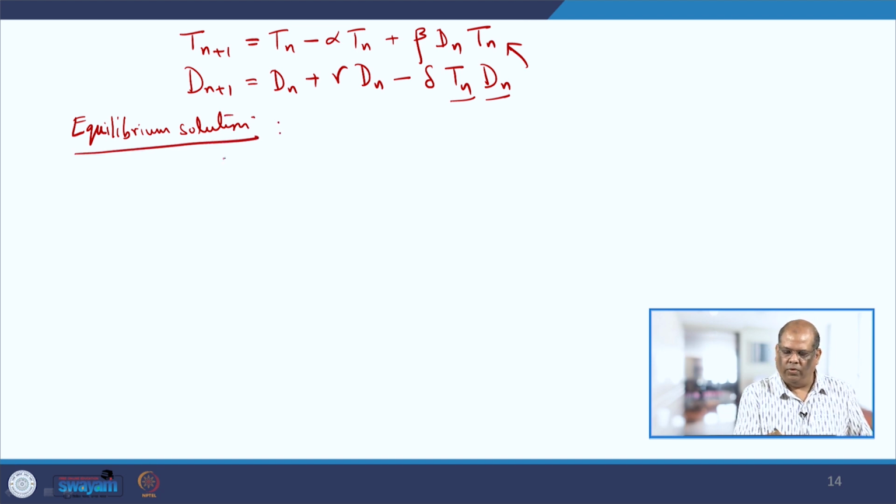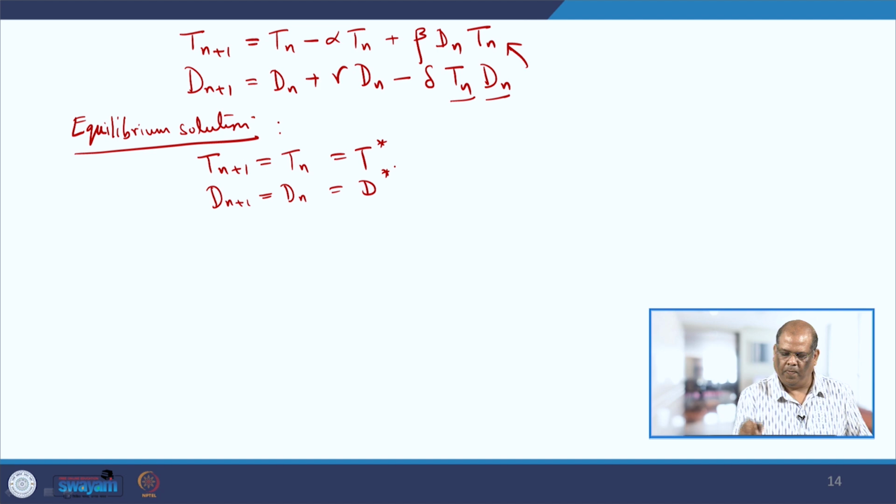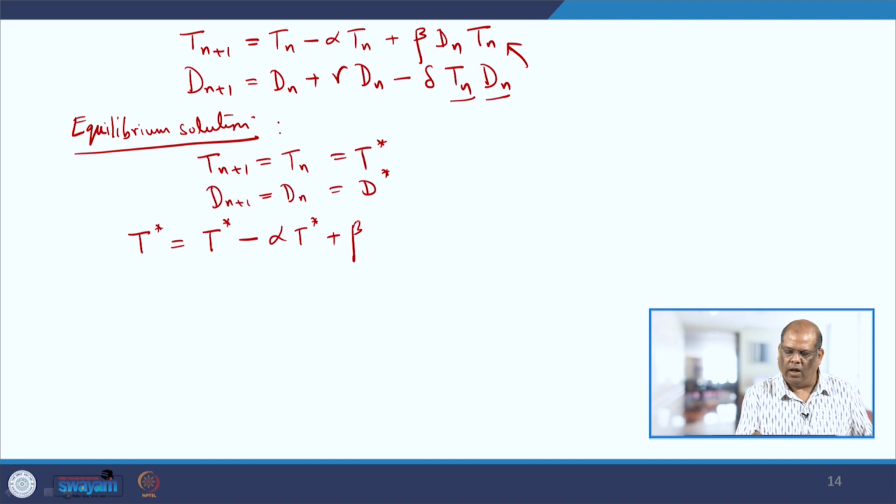That means there is no change between n and n plus 1, and we substitute that to be t star and d star. So you put the value here and you get t star equal to t star minus alpha t star plus beta d star t star.